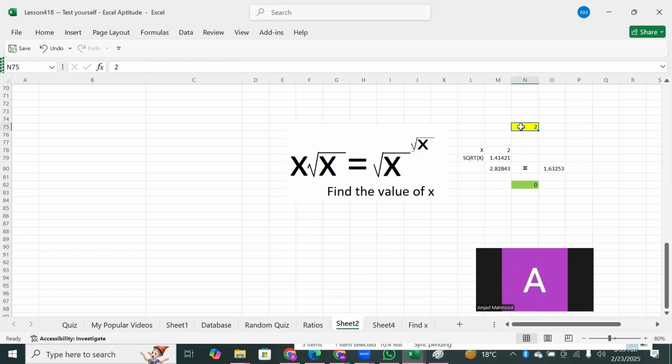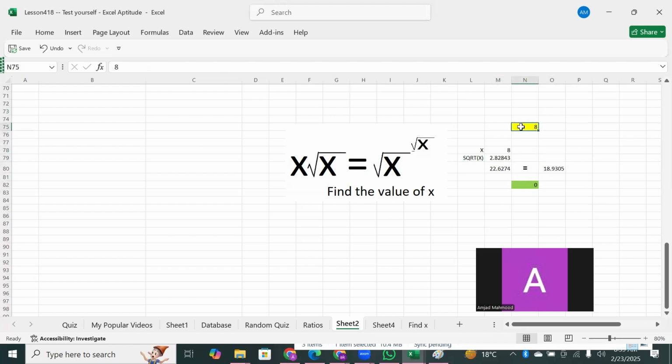Let's say 3, let's say 4, let's say 5. Yes, it's not equal to 0. And 6 is still not equal to 0. 7 is still not equal to 0. 8, but it is getting closer. 8 is still not equal to 0.